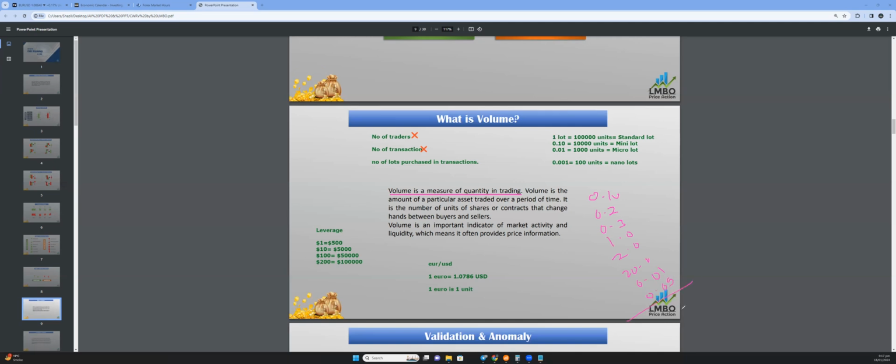When we add all these transactions that happened in 1 minute, that will be the total volume for the 1 minute. That volume on the chart we will find in the bar, but the number of lots is also mentioned in the chart. Okay, so this is the volume measurement structure.